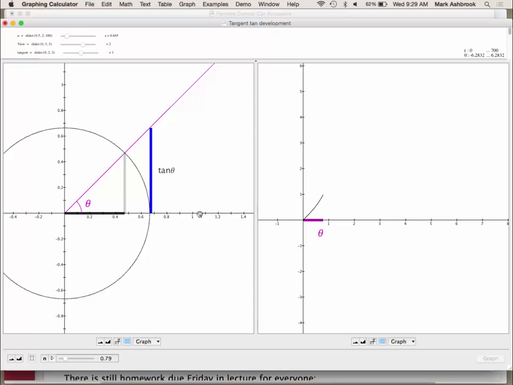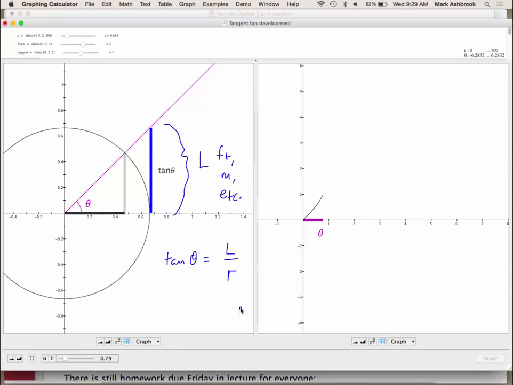If I call the length of this blue line L, but like in feet or meters, not measured in the radius, okay? What is tangent? Tangent is that length L measured in terms of the radius. So tangent theta is L over the radius length.